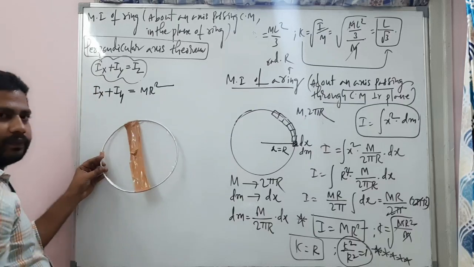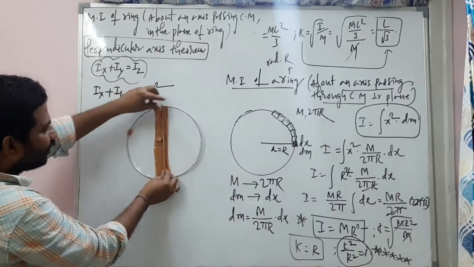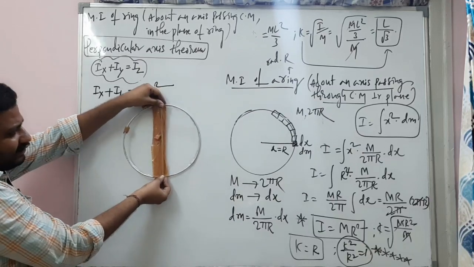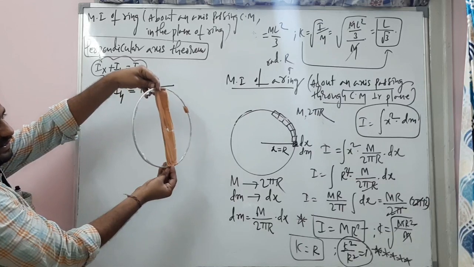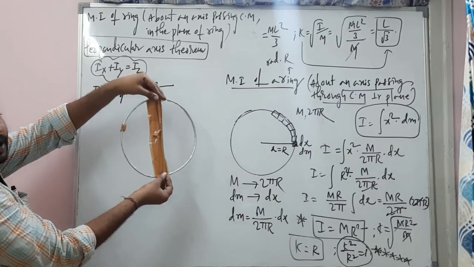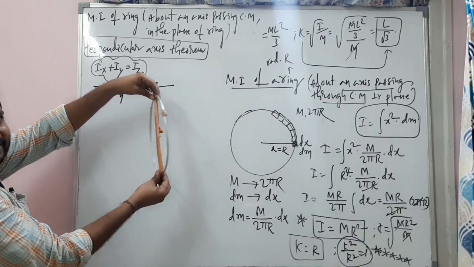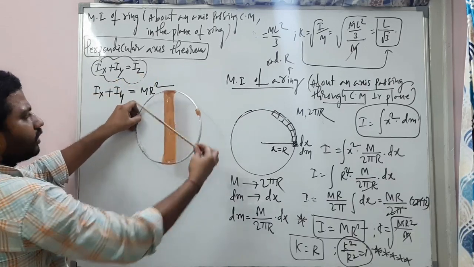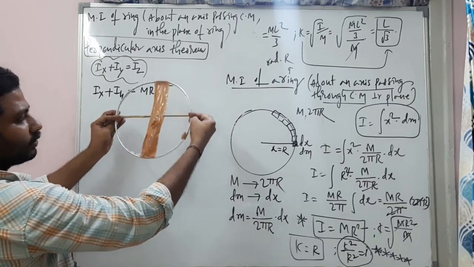That's Ix. What is Iy? This is the y-axis. Even the y-axis is passing through the diameter. See this. The axis is passing through the diameter and the ring is rotating about the diametric axis, and along the x-axis also the same. The ring is rotating about the diameter.